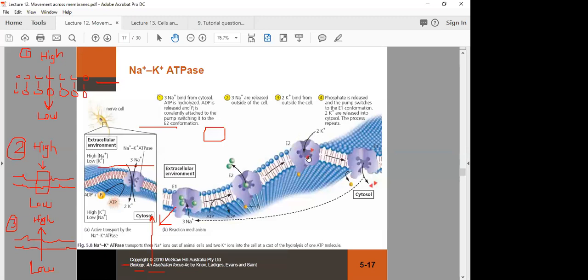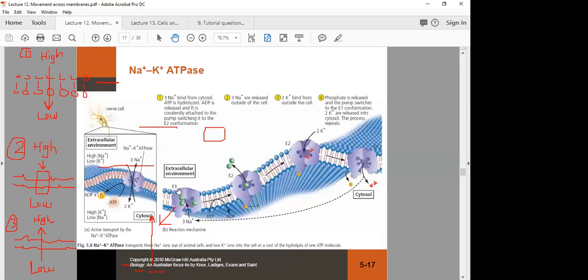Once they bind, then this triggers, again, a conformational change in the ATPase. So we go back to the original conformation here, where the opening faces the inside of the cell, and those 2 potassium ions are released to the inside, and the phosphate is also released. Now, once the ATPase is in this conformation, then it can start the process all over again.